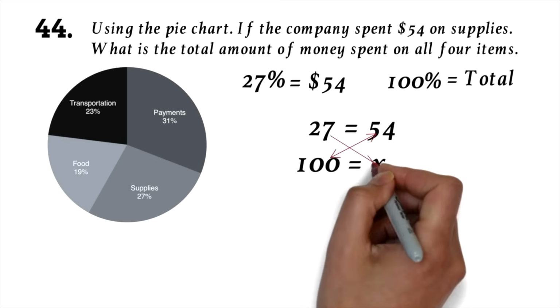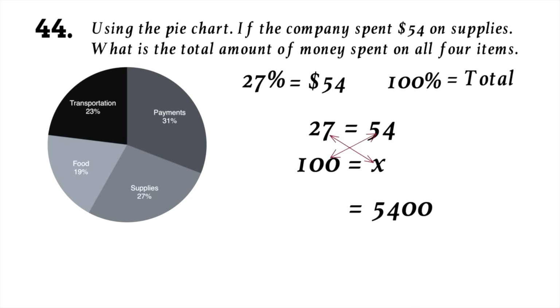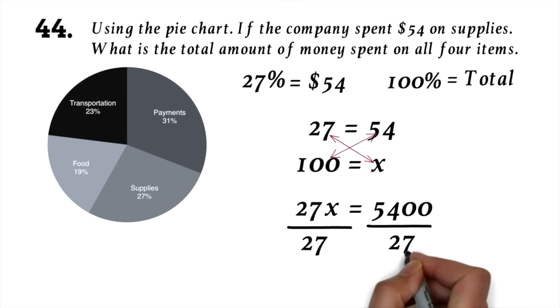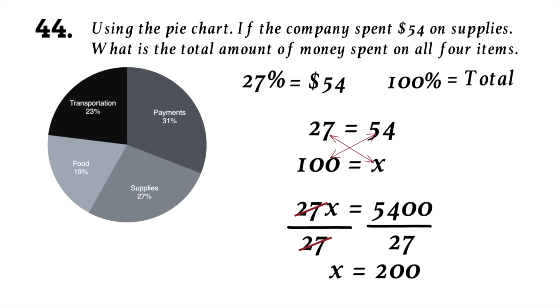And 27 times x is 27x. We can now divide both sides by 27 to get the x. The 27 will cancel out. 5400 divided by 27 is 200. Therefore, the total is $200.